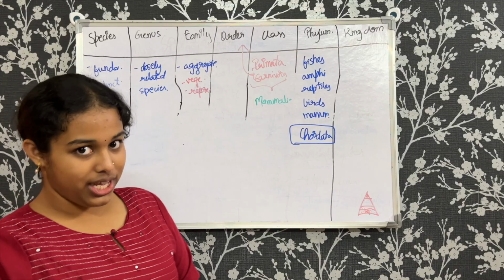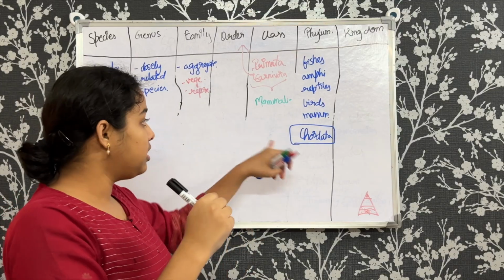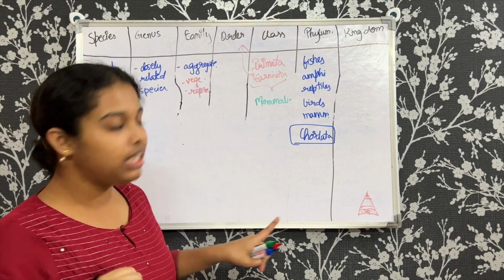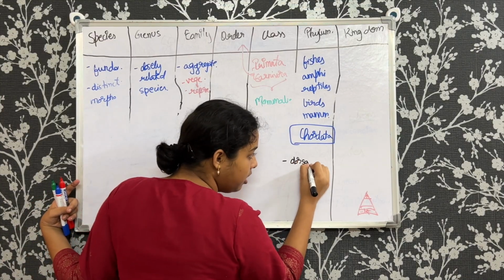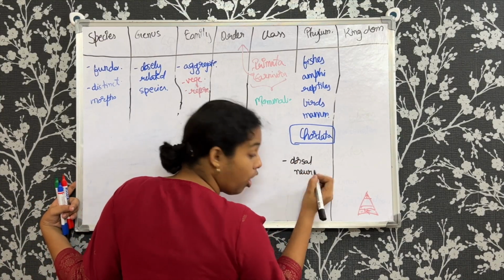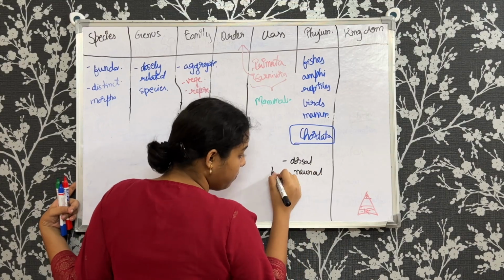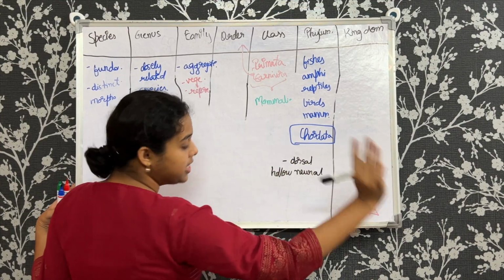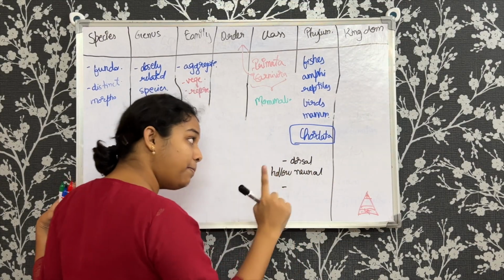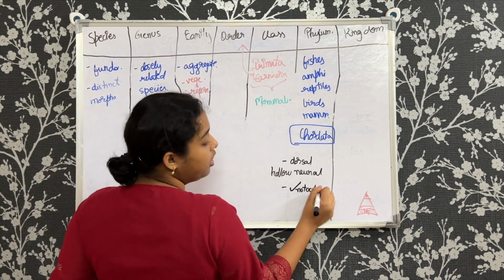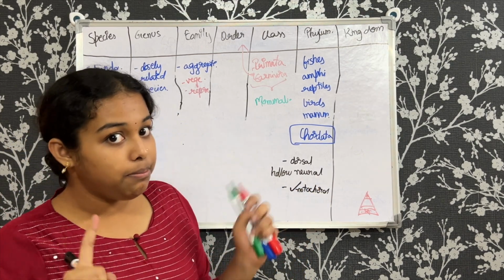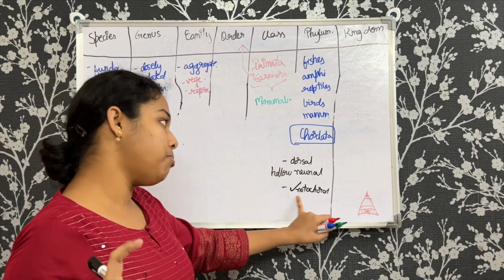Please remember these two examples. Remember the two phrases that I will mention now. They're very important. The first term is that they have the dorsal neural system, which is hollow. Dorsal hollow neural system, and also they have a notochord. Okay, notochord, not a vertebra, a notochord. Okay, please remember this term.